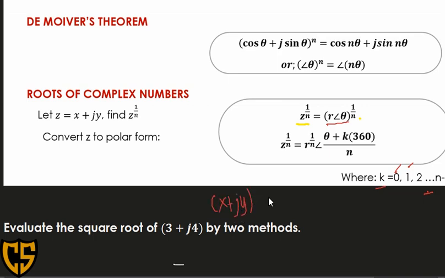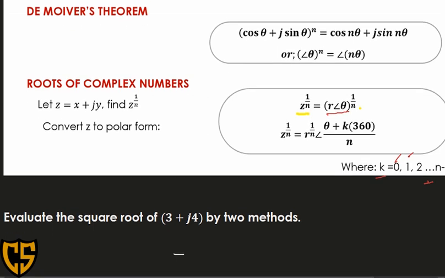So for example, x plus jy equals the square root of a plus jb. What you are going to do is square both sides of the equation, and then the square root simply cancels. Then you manipulate your equation and apply theorem 2 of complex numbers. That is how it goes if you have the rectangular form of complex numbers.